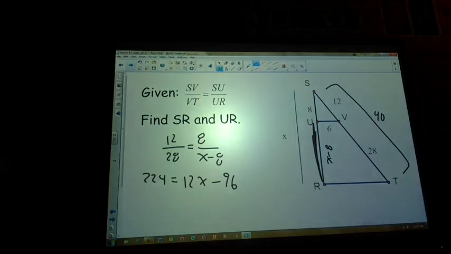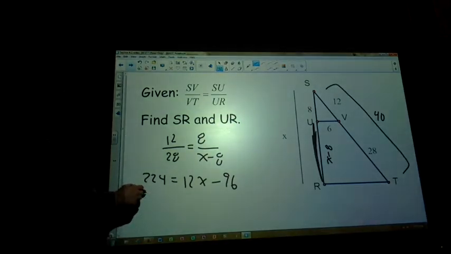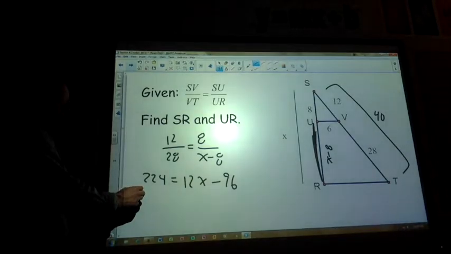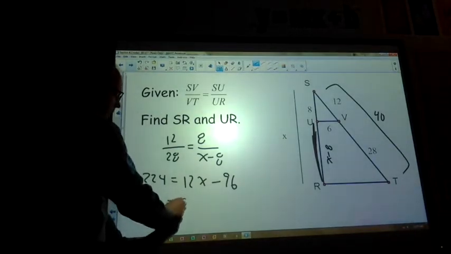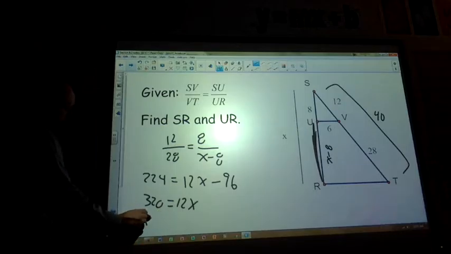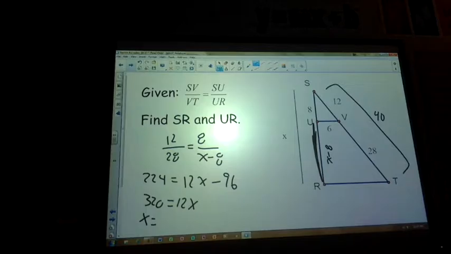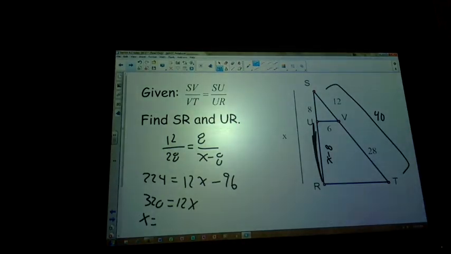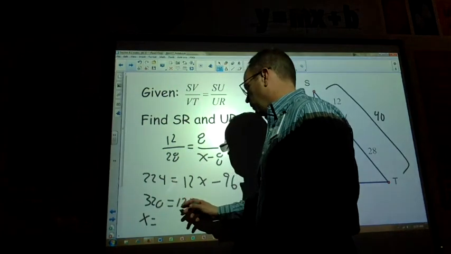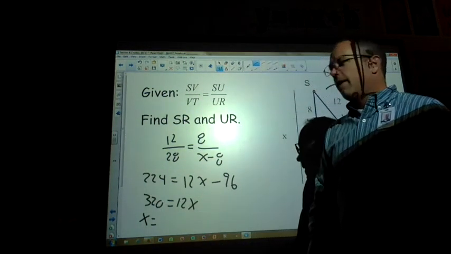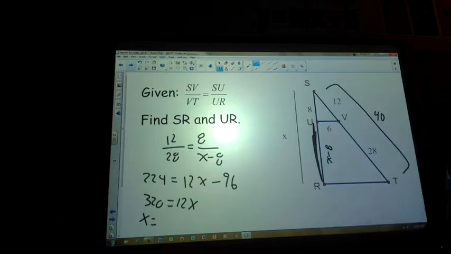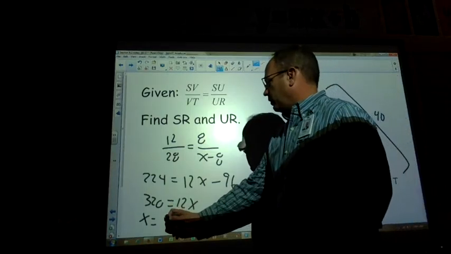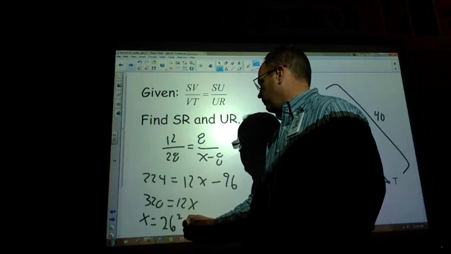Add 96 to both sides. If I add 96 to 224, I get to what? 320, thank you. Equals 12x. Divide each side by 12, so x equals? 320 divided by 12 is 26 2/3.